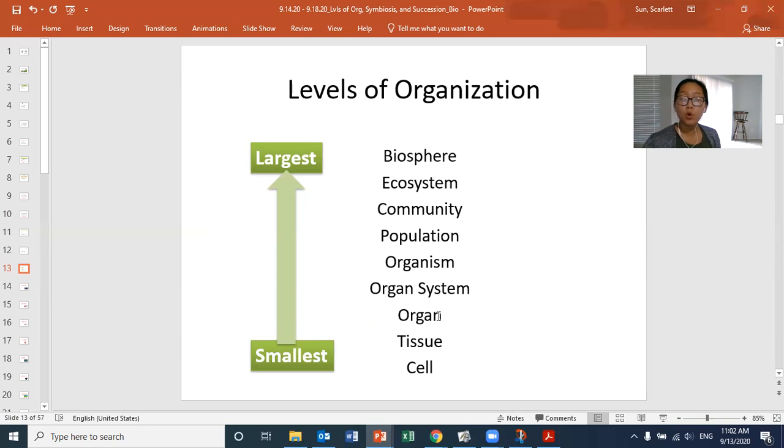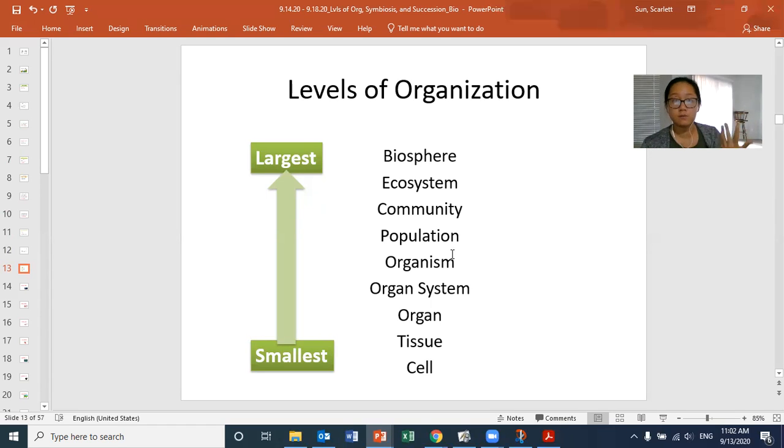Okay. An organ system means a bunch of organs are working together to do a job, and that could be your digestive system, right? That includes your mouth, your esophagus, your stomach, and then your liver, your intestines, both small and large, and then your rectum and your anus, right? That's your digestive system, how your food goes through and you get energy. You have a bunch of organ systems like your respiratory system, your circulatory system, your digestive system, your excretory system.